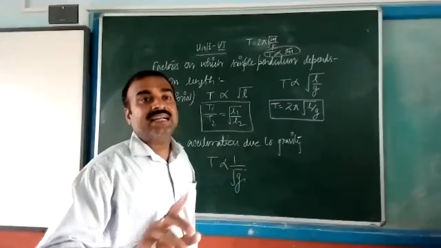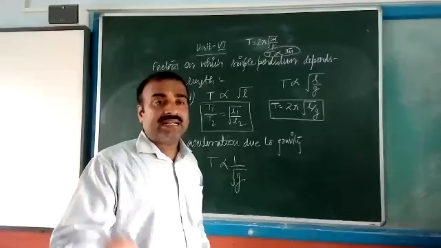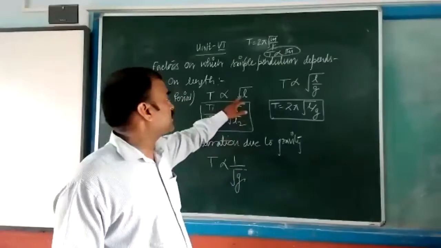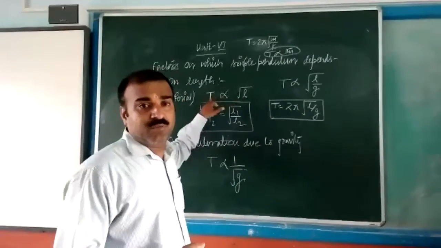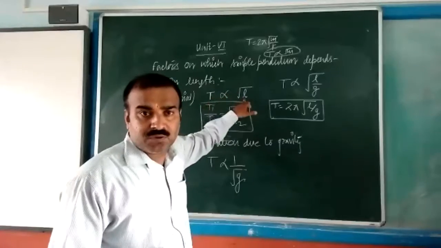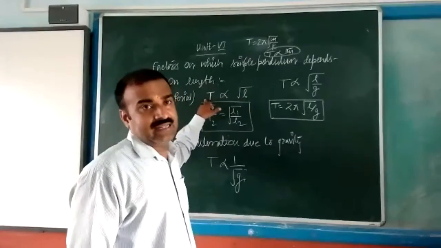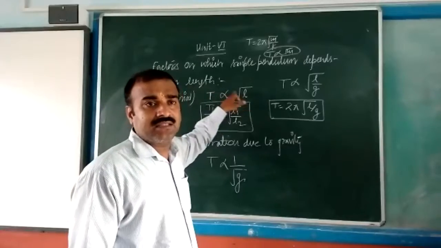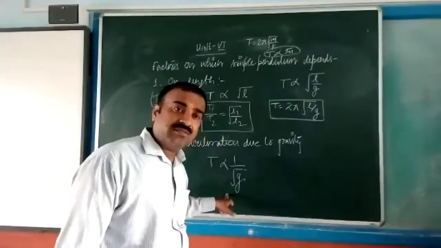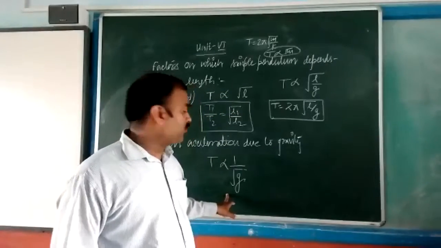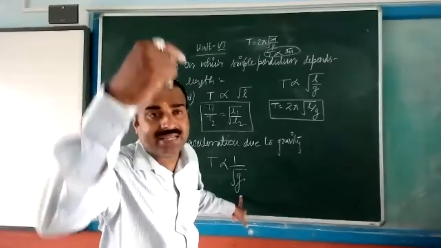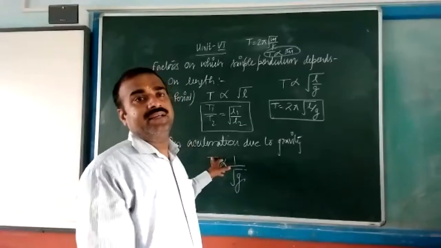Got it? Directly proportional means this will lose, this will also lose. This will gain, this will also gain. But in this one, opposite. If acceleration due to gravity decreases, then time period will increase.